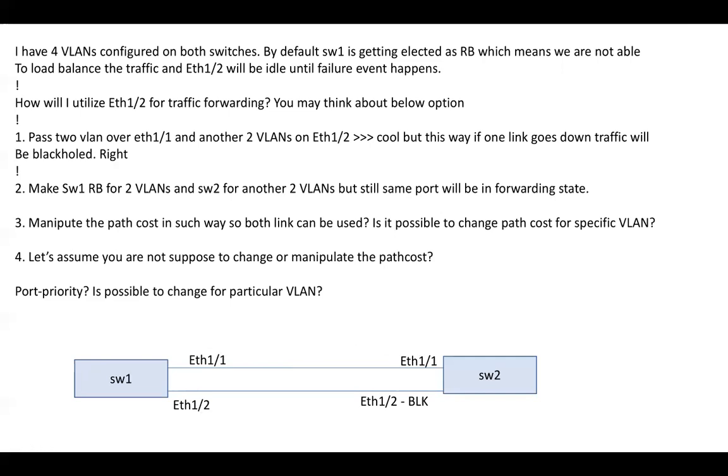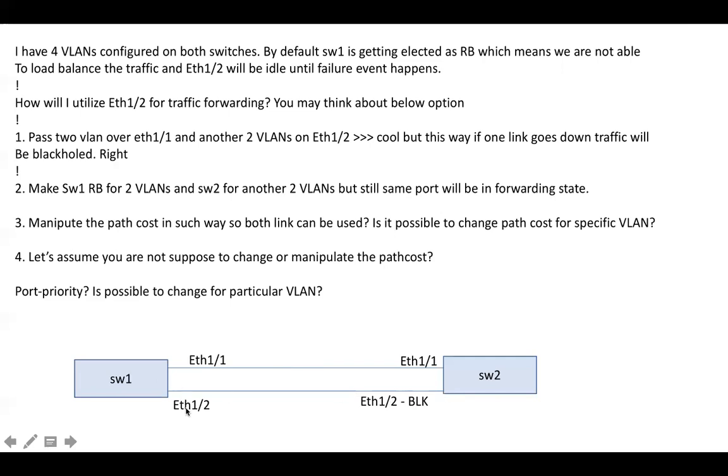So you may have another choice. You make switch 1 the root bridge for VLANs 10 and 20, and switch 2 for 30 and 40. In that case, the root bridge is changing, but again, a port will be blocking here for 10 and 20, and this will be blocking for 30 and 40.